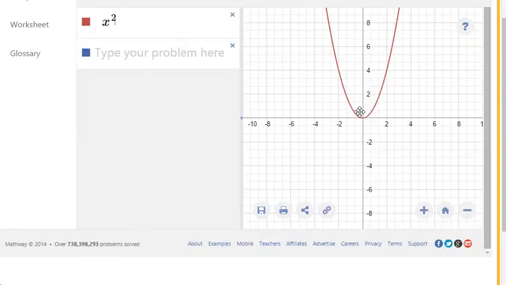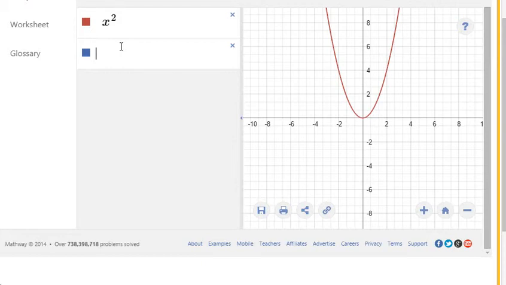If I go up 5 units and over 2, the vertex for my parabola should be right here at 2, 5. That's where the vertex should be. So let's try it.